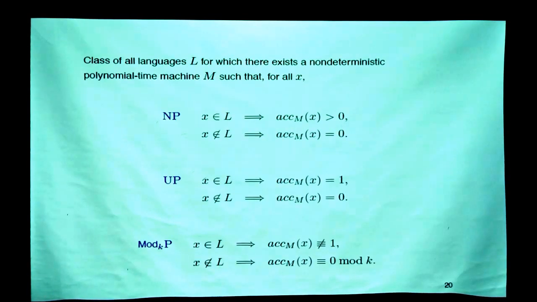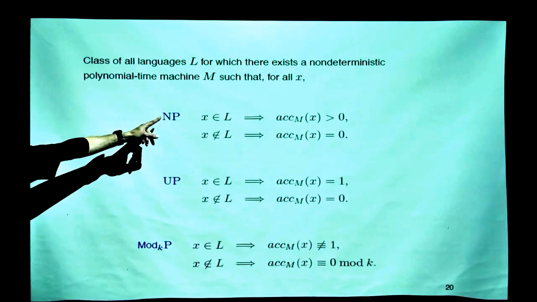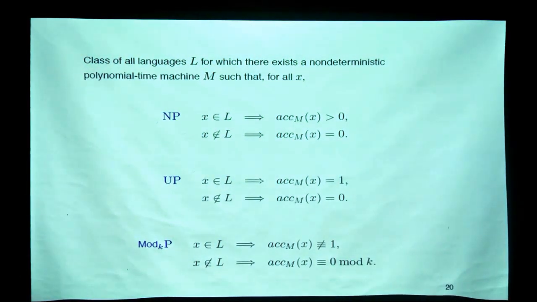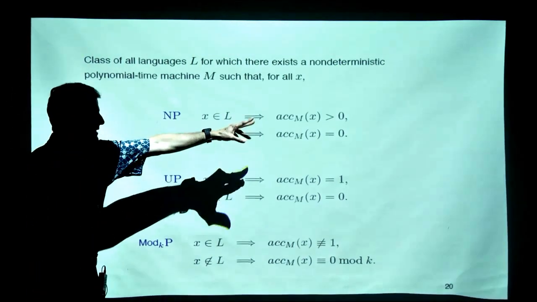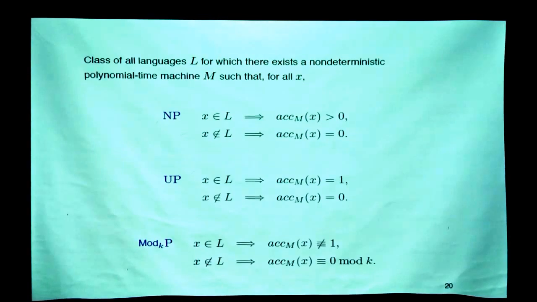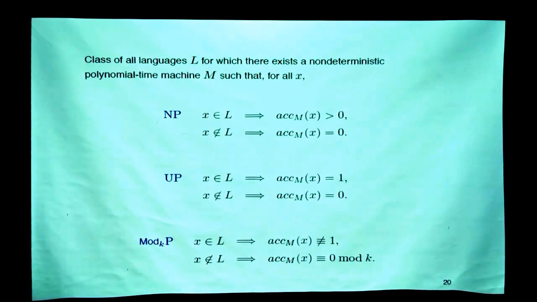With this notation, you can easily define several complexity classes. For example, NP is the class of problems for which there is a non-deterministic machine such that if X is in L, the number of accepting paths is bigger than 0, there is some accepting solution. And if X is not in L, then this number is 0.